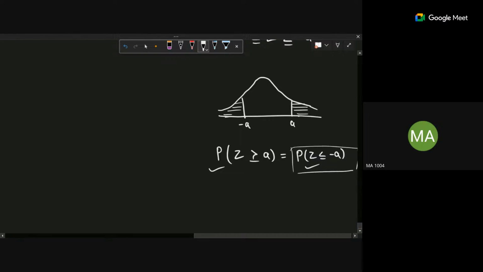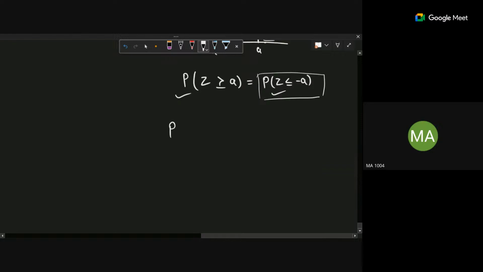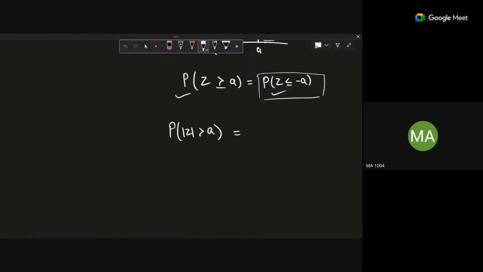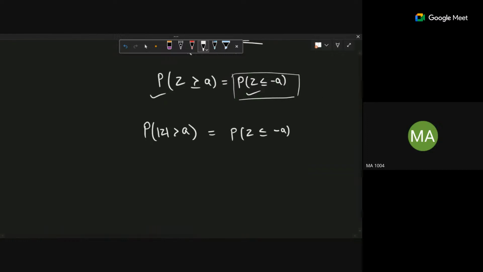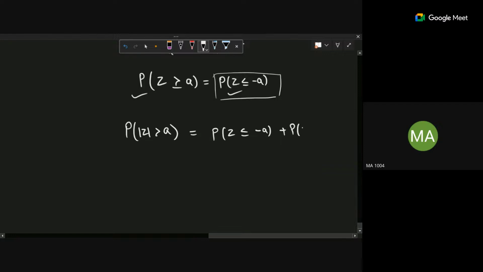So whenever there is a modulus Z, the probability of modulus Z greater than A, I will take as the probability of Z less or equal to minus A plus the probability of Z greater or equal to A, according to the expansion. But I know that both the areas are the same because Z follows the normal distribution.